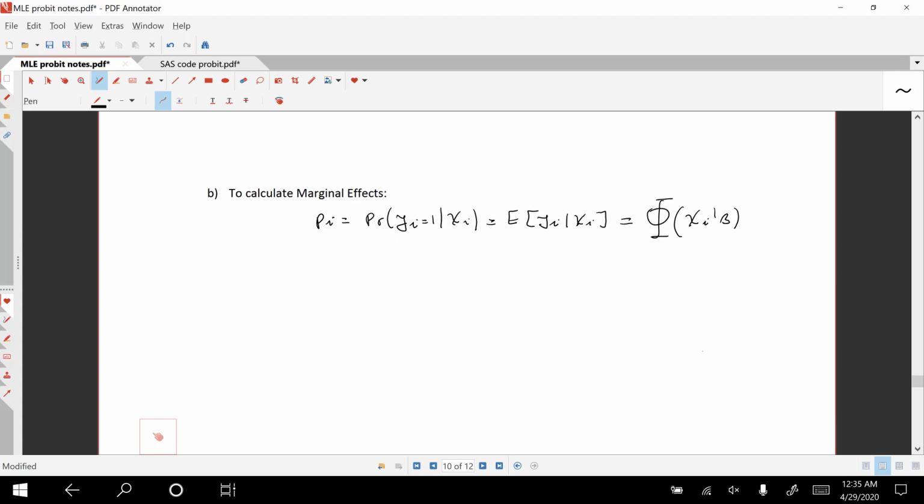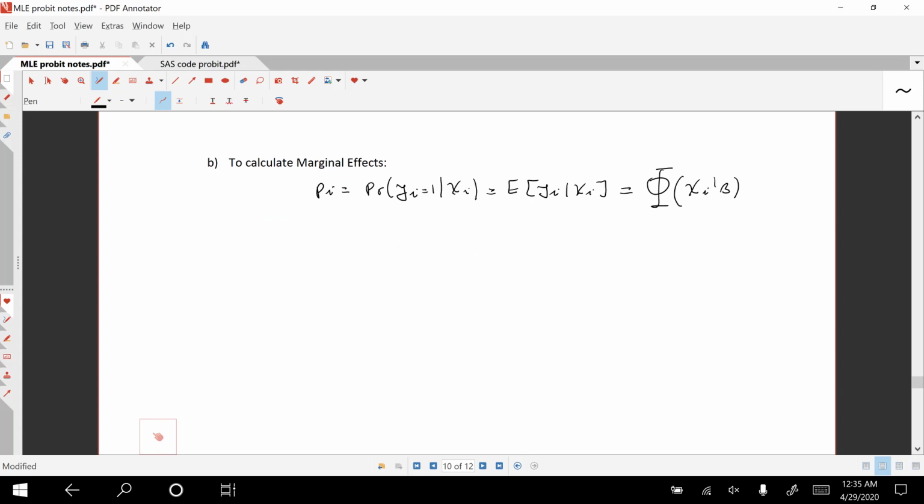So for interpretation, what we need to do is calculate the derivative of the average value of y with respect to xi, which is the same as the derivative of that cumulative density function with respect to xi.